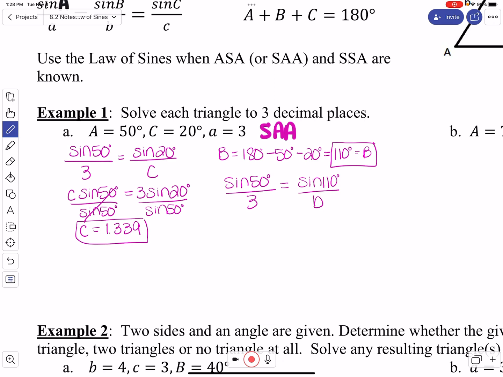So if I cross multiply again, I know that B equals 3 times sine of 110 degrees over sine of 50, because when I cross multiply, I know I'm going to end up dividing by sine of 50.